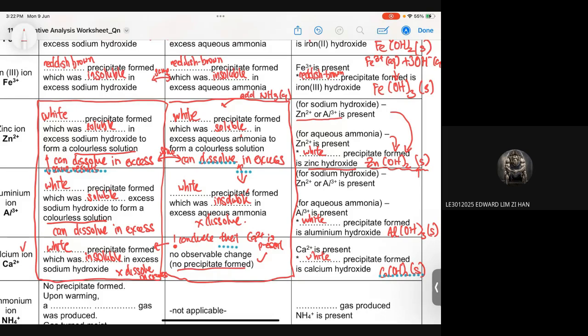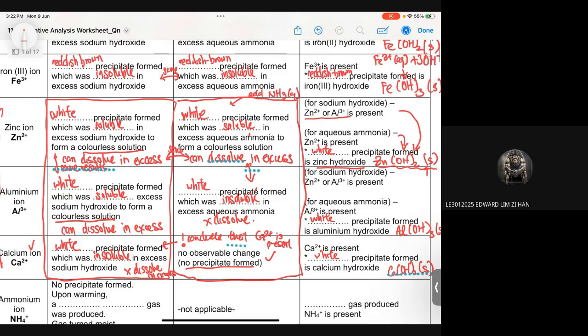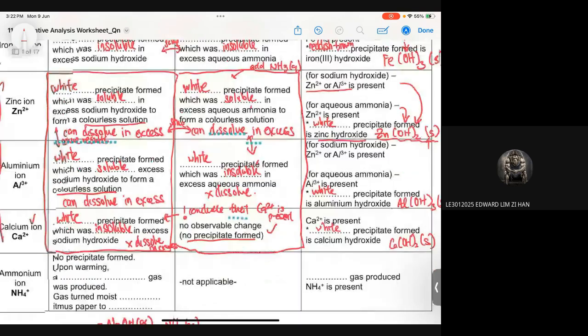You just need to know that this is what can happen, but you don't need to know the exact chemical reaction in terms of the equation. Okay, thumbs up so far for these three white precipitates? Okay, good. I'm going to go on to the last one.